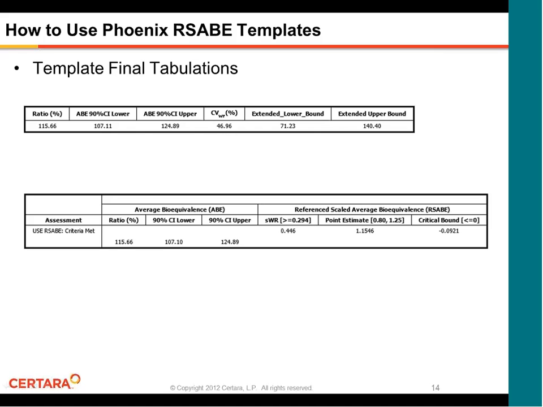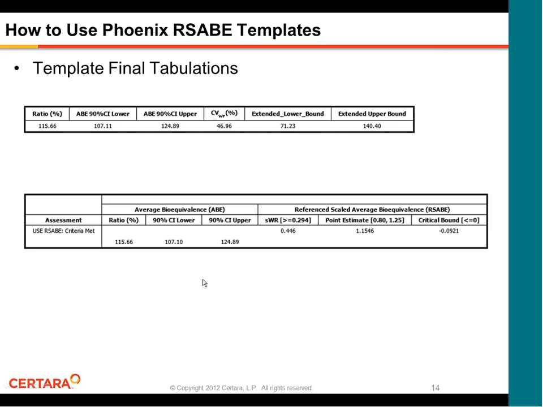It shows you here the within-subject coefficient of variation of the reference product, and then, if applicable, the expanded limits that you could use. So in this case, it says yes, I have a highly variable drug, greater than 30. I could use these expanded limits of 0.71 to 1.40. Although in this one example, you would see that we were already meeting the standard average bioequivalence limit, so you probably wouldn't need this methodology.